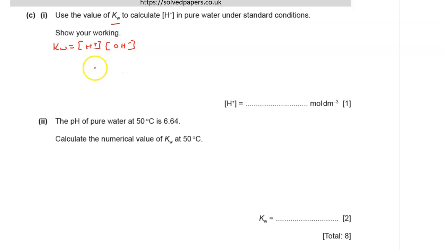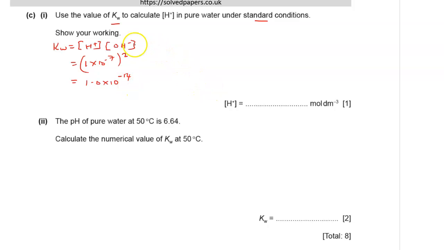And we know that the concentration of each of these in standard conditions is 1 times 10 raised to power minus 7. And of course, you multiply them, and this will give you 1.0 times 10 raised to minus 14.